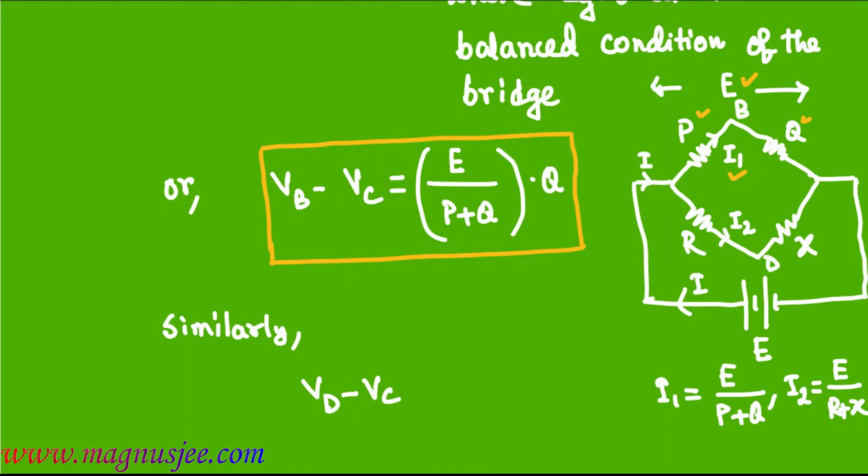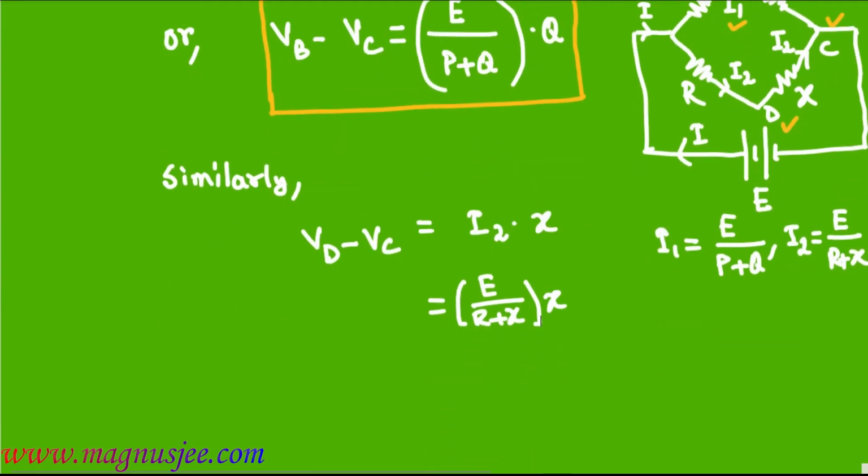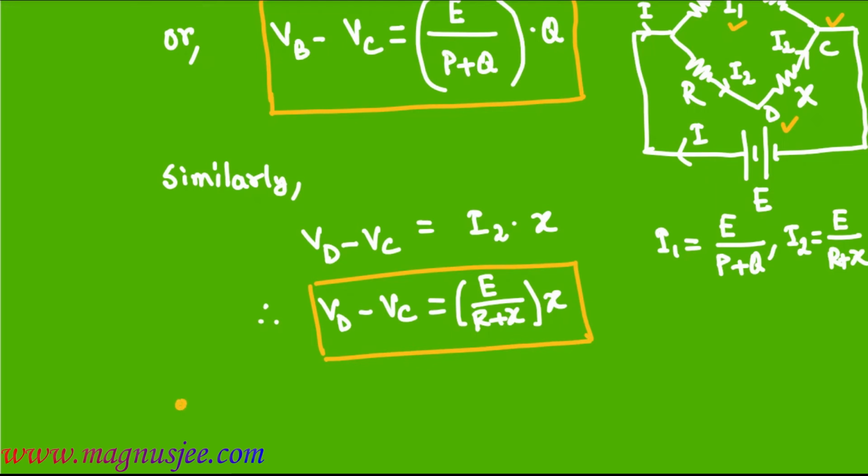This point is B, this point is D, and that point is C. So potential difference between the two points D and C equal I2 dot X. Therefore, Vd minus Vc equal E divided by R plus X into X. That is the potential difference between the two terminals of the resistance X, that is the PD between the two points D and C.